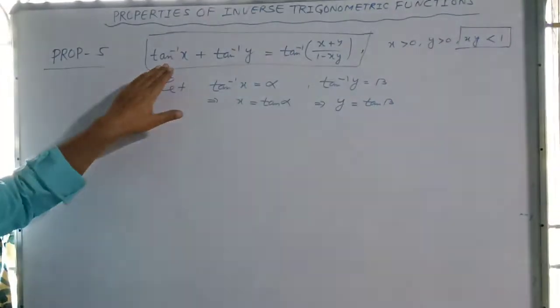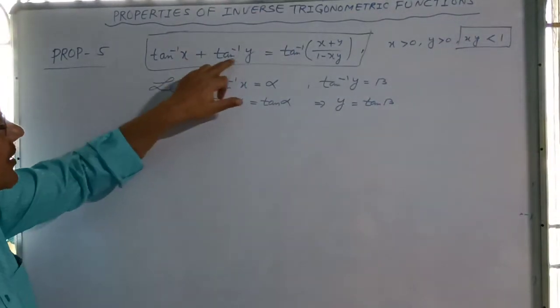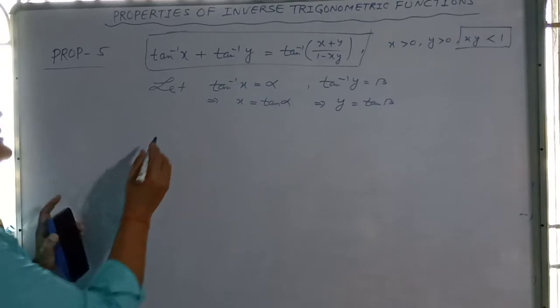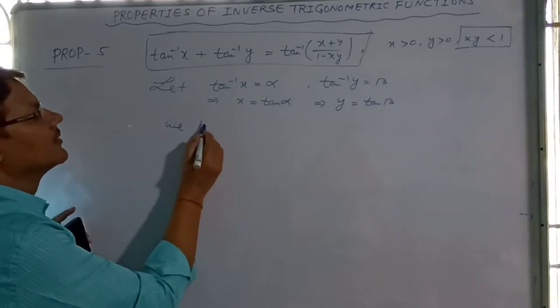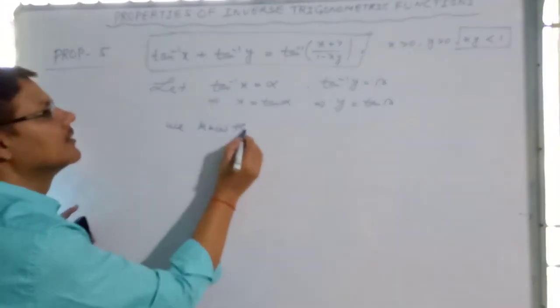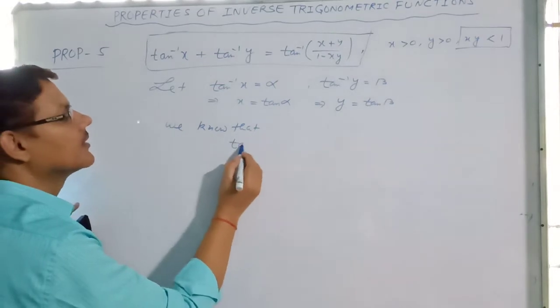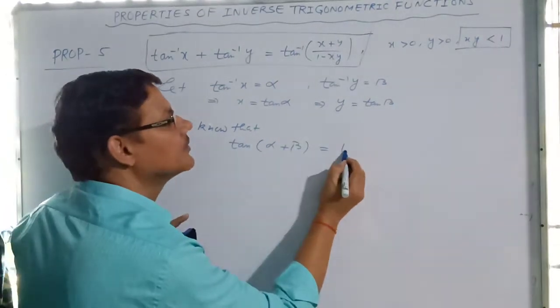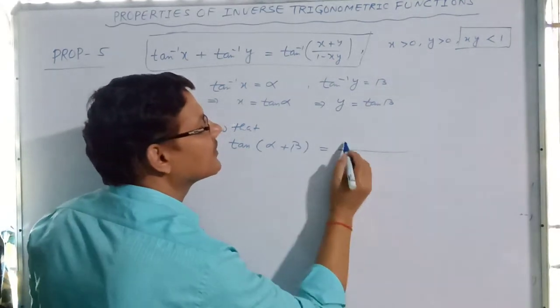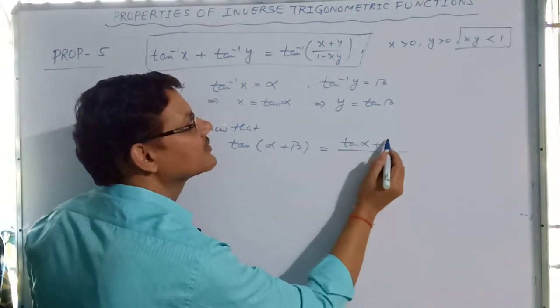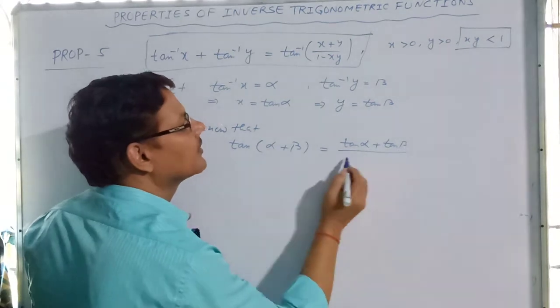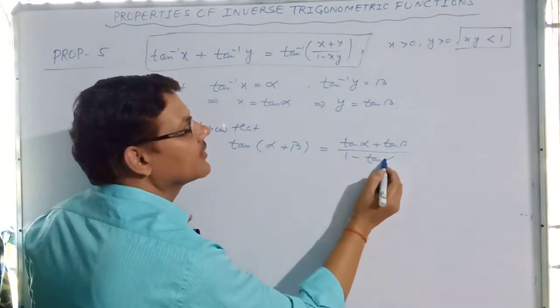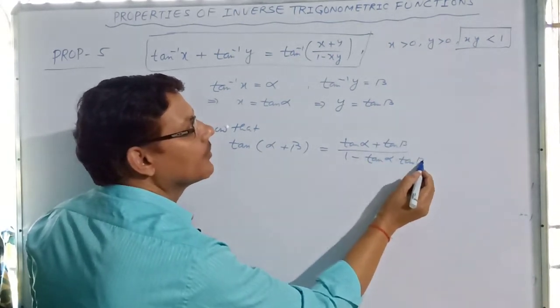We are required to get alpha plus beta, so we know that tan of (alpha plus beta) is equal to (tan alpha plus tan beta) divided by (1 minus tan alpha into tan beta).